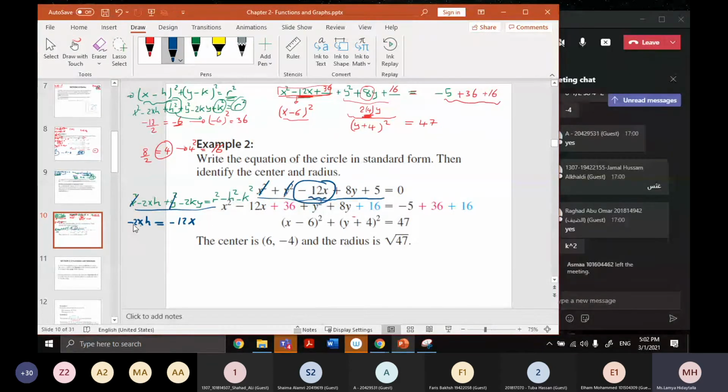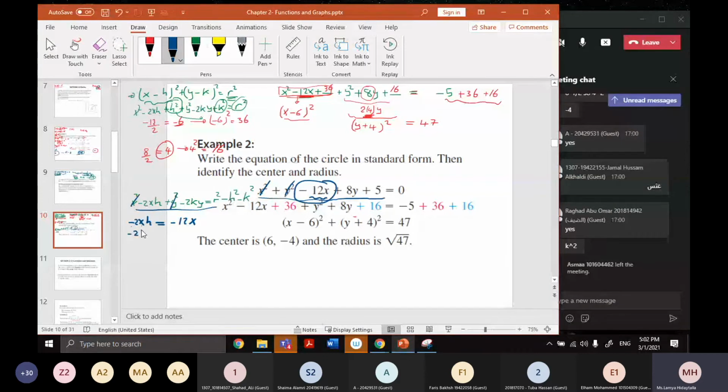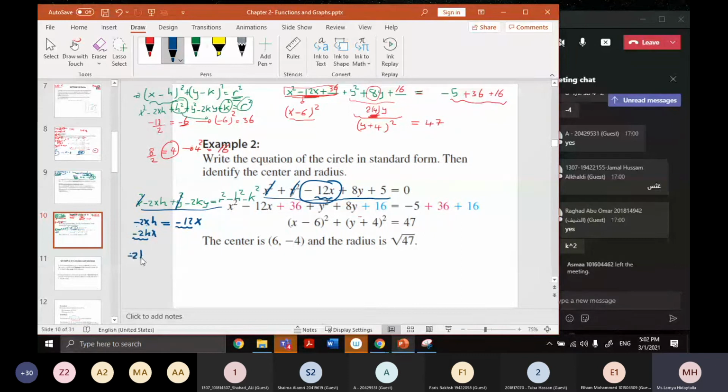What is the coefficient of x? It is minus 2h. This one you can write as minus 2hx. Okay, so I need minus 12 is equal to minus 2h. So minus 2h is equal to minus 12, and that means the h is equal to what? Is equal to 6. Correct?